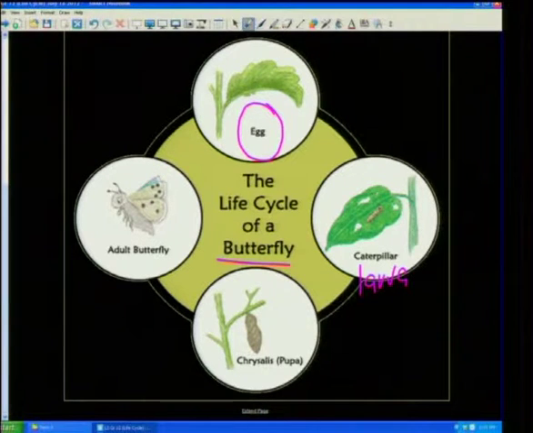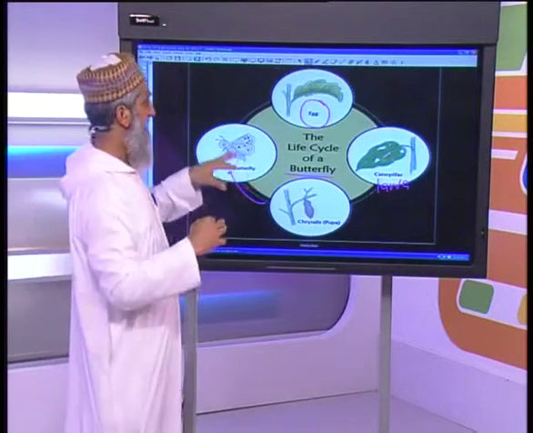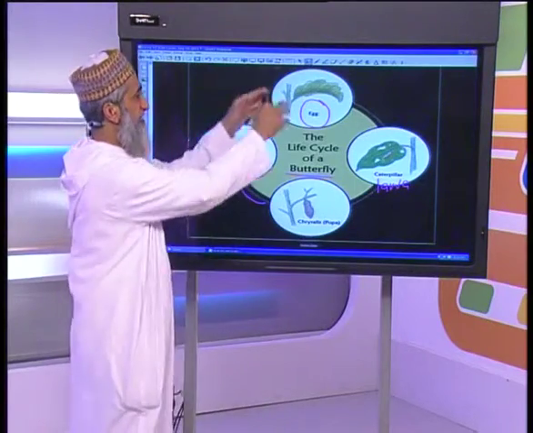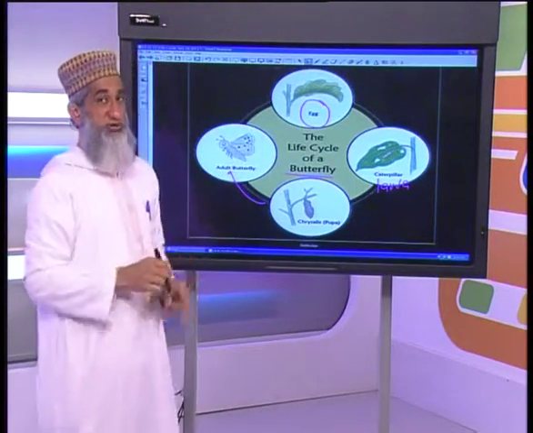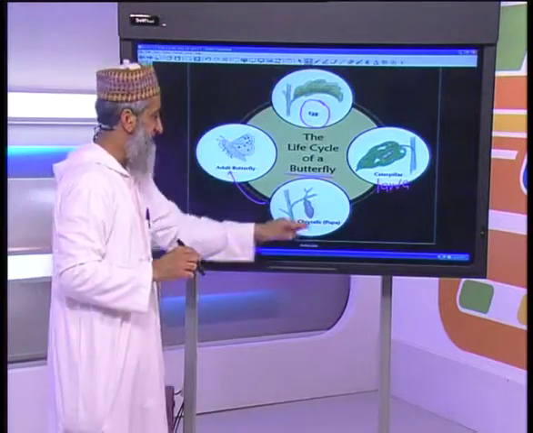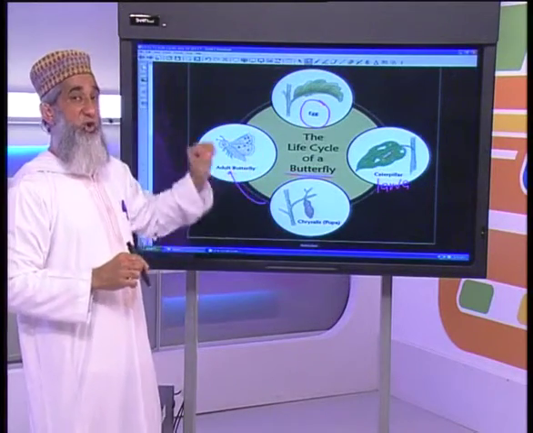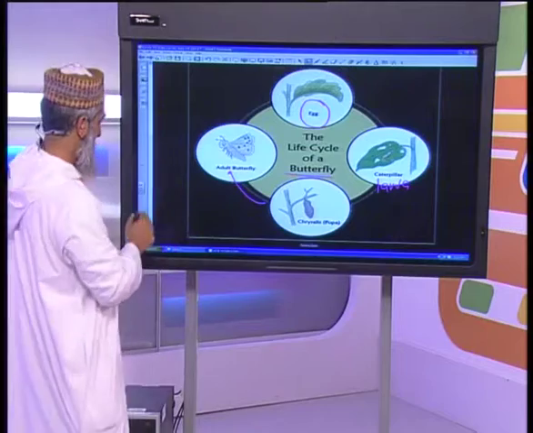The caterpillar is the larva. And then we have this chrysalis, which is the pupa. And from there we get the adult butterfly. So the butterfly has to change its form to become the adult that we see. And then the adult will lay eggs and the cycle will continue. So because all 4 stages are present, we say that this is complete metamorphosis.